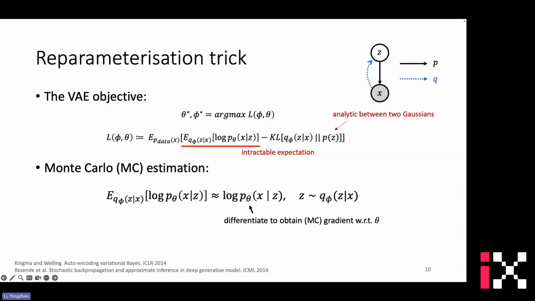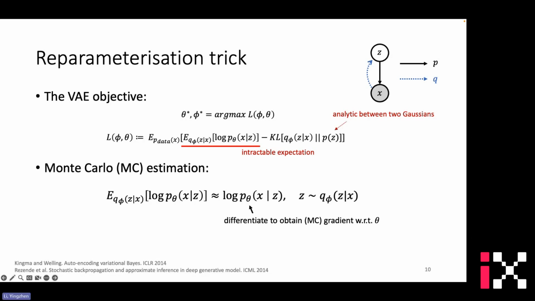And in particular, if I want to run the optimization procedure based on gradient descent, I can also differentiate through this log likelihood term to get the gradient with respect to theta, the decoder parameters. So this part is quite nice in terms of training the decoder.